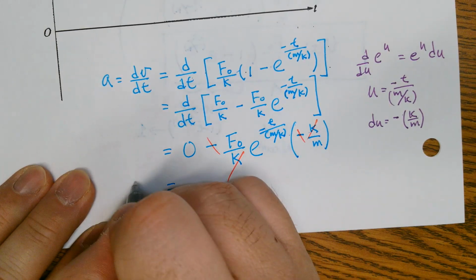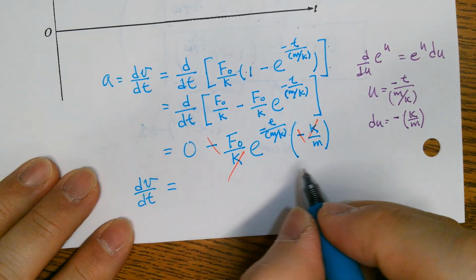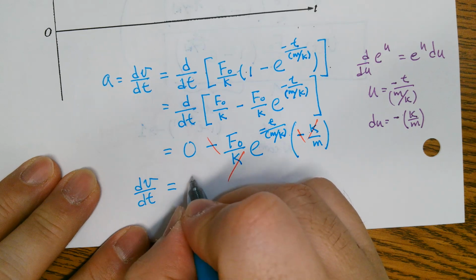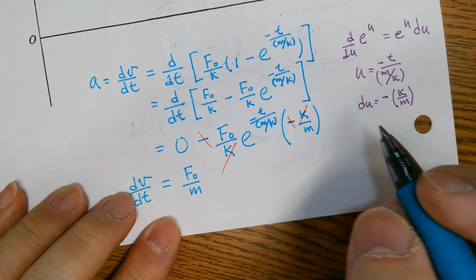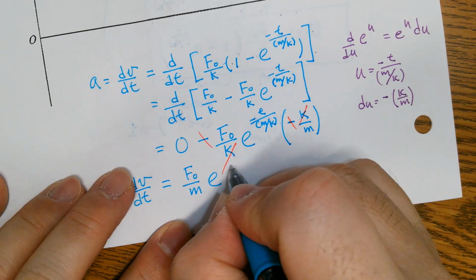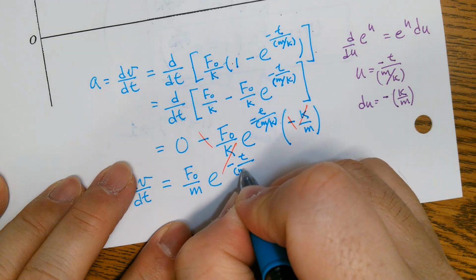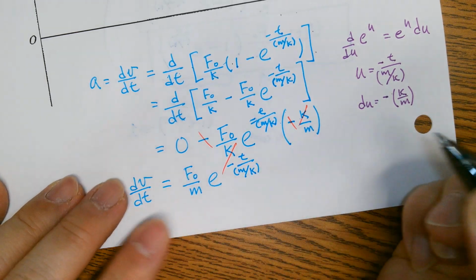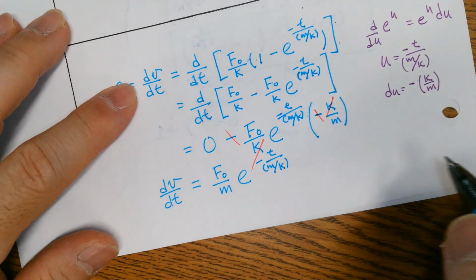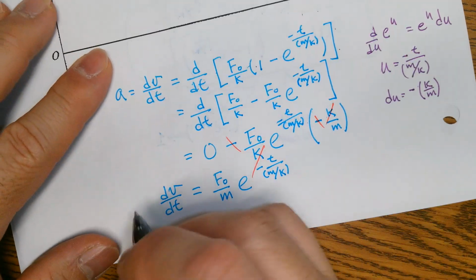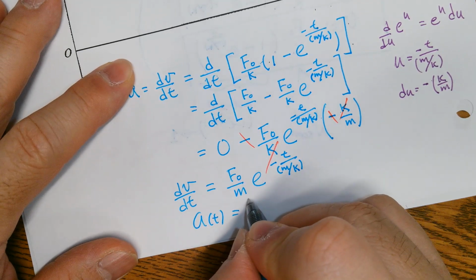So your acceleration, which is dv over dt, is equal to F naught over m times e to the negative t over m over k. So that is your acceleration function for your car.